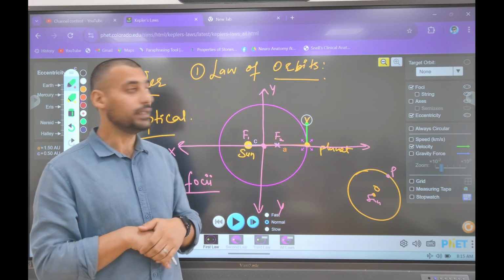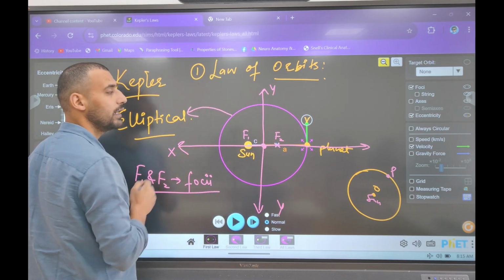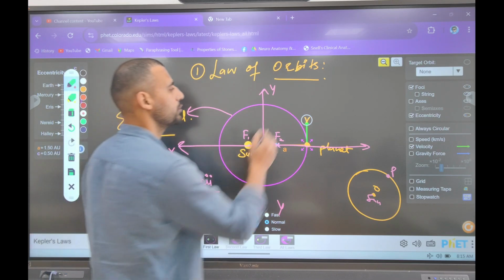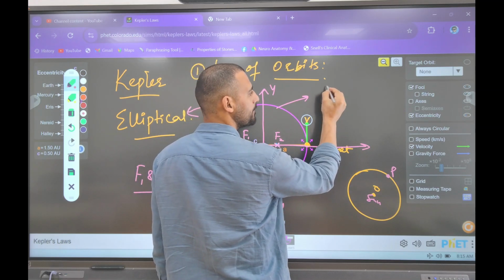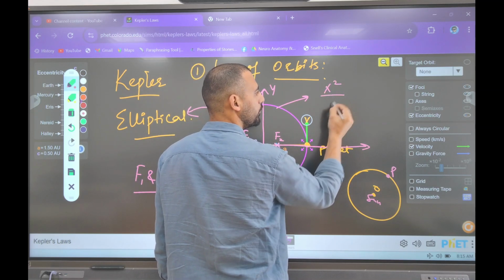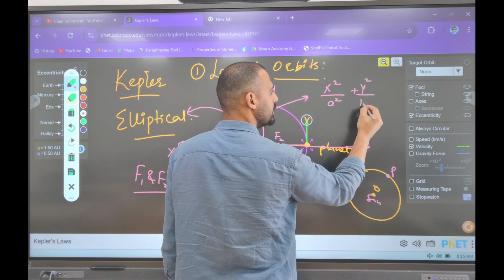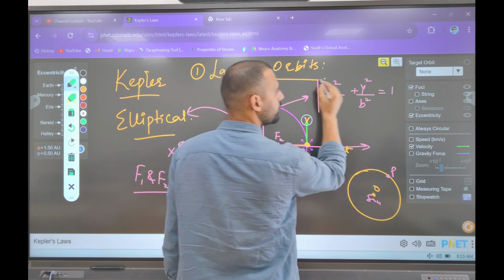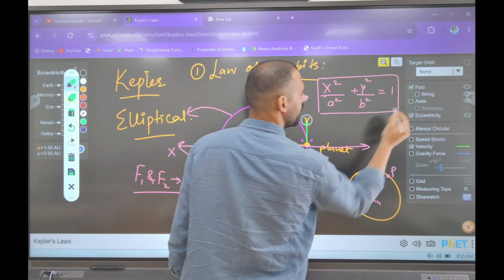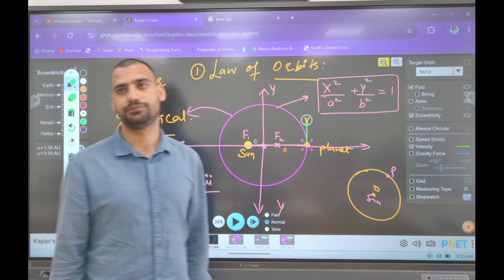Okay. Now the path of the planets is elliptical, and you must remember the equation of an ellipse. The equation of an ellipse is x squared upon a squared plus y squared upon b squared is equal to 1. This is the general equation of an ellipse. Any path which is an elliptical path satisfies this equation.